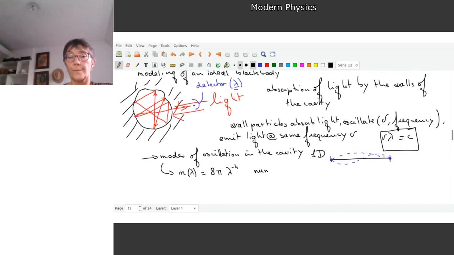It is the number of modes with frequency, wavelength lambda, oscillating in the cavity.